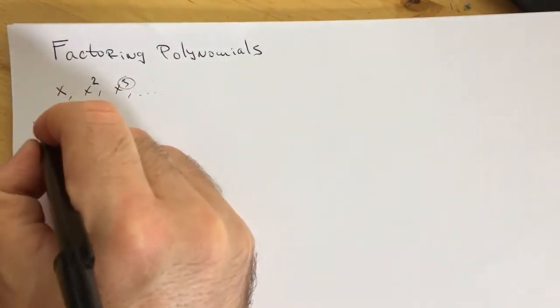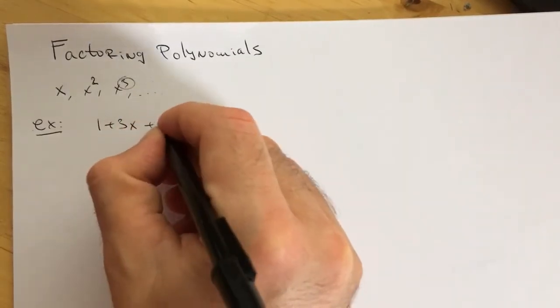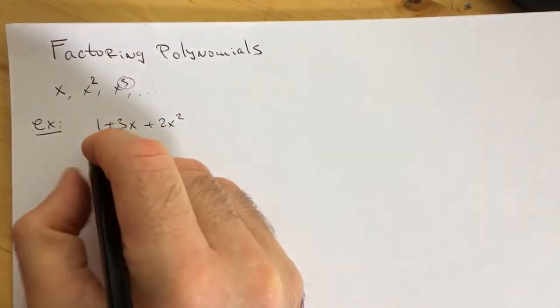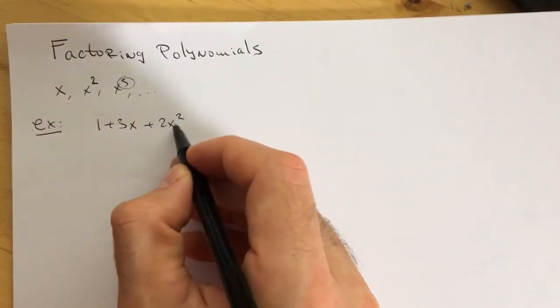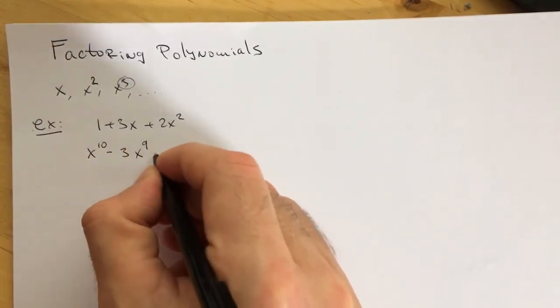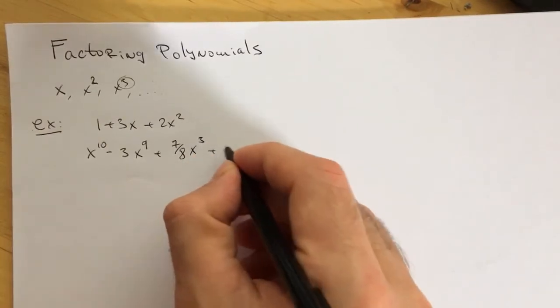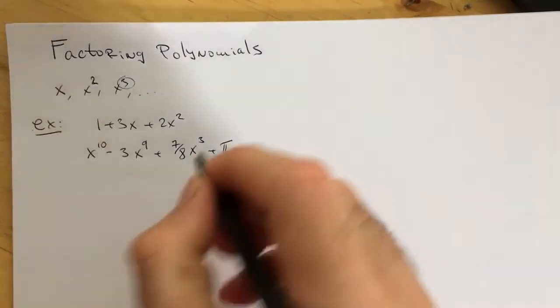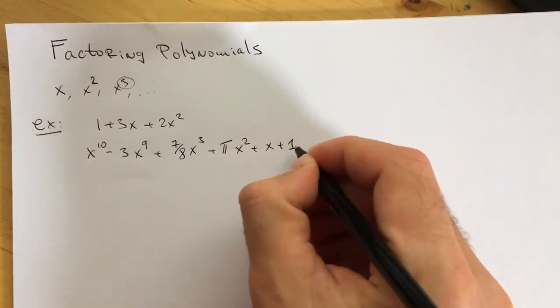Okay, so examples of polynomials would be 1 plus 3x plus 2x squared, or usually we write the highest exponent at the beginning, so x to the power of 10 minus 3x to the power of 9 plus 7 over 8 x to the power of 3 plus, let's say, the number pi x squared plus x plus 1.